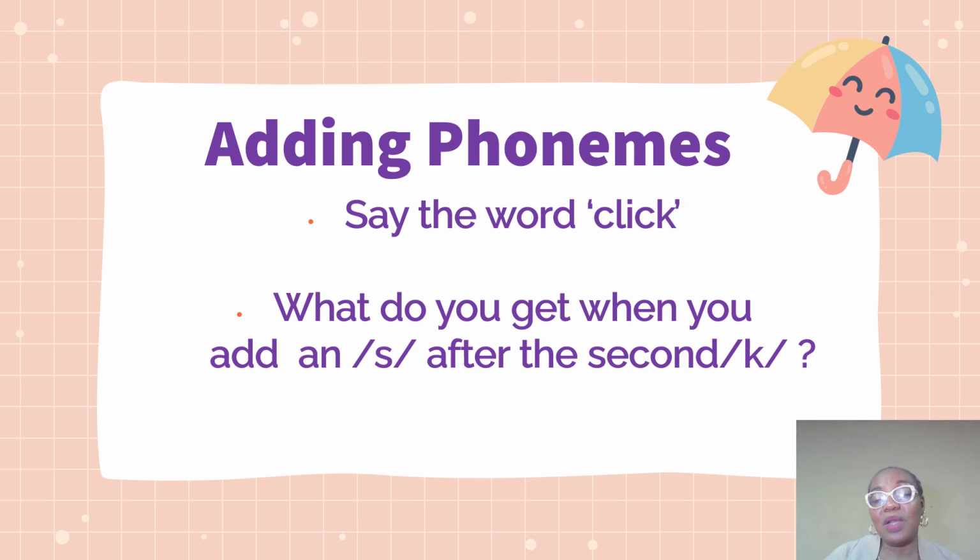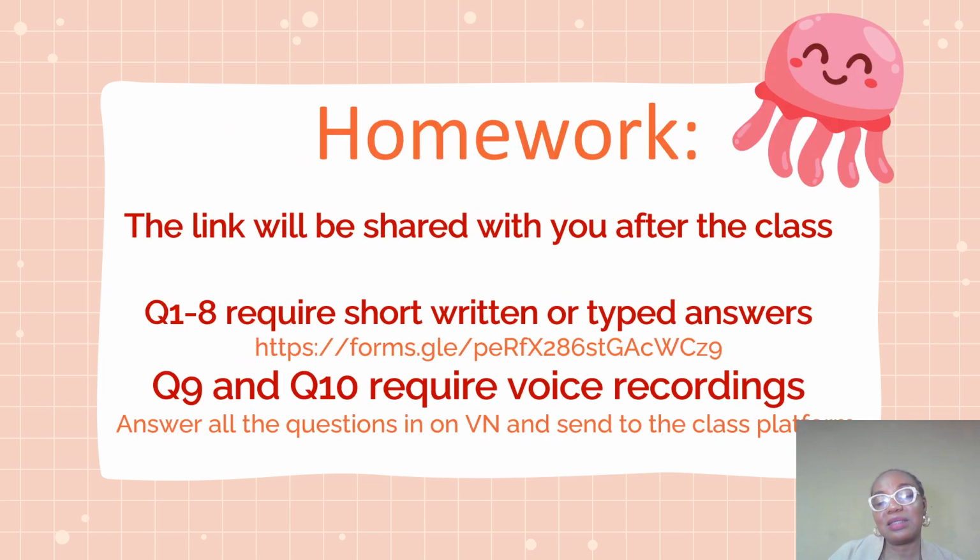The last two letters together make one sound, the last two letters c and k. So you don't say k, l, i, k, k. No, you say k, l, i, k. The two letters make one sound. So what do you get if you put an s after the second k? You should be able to get clicks.